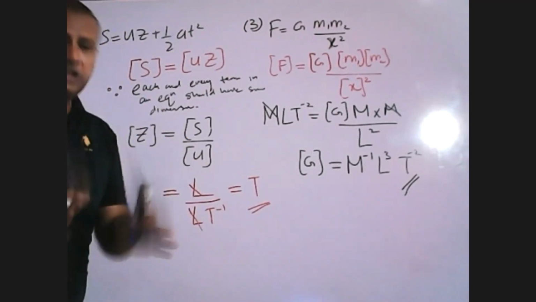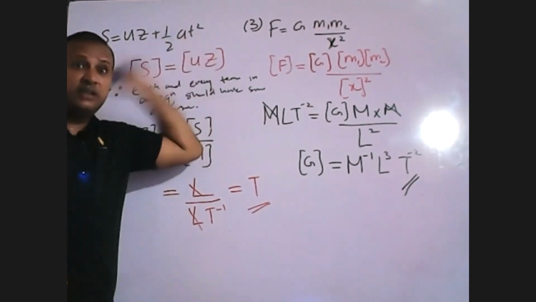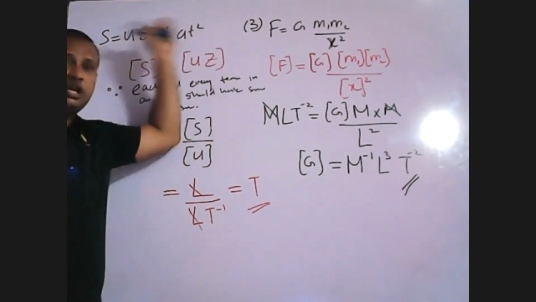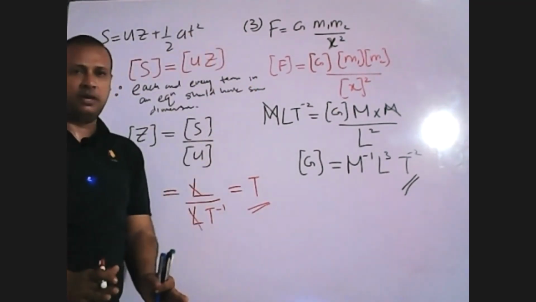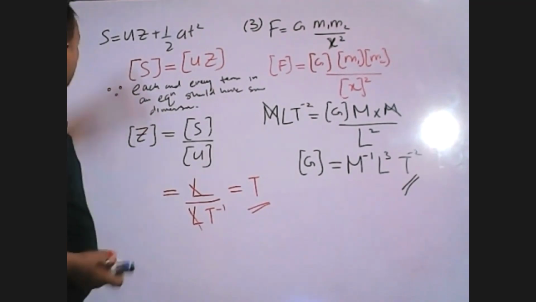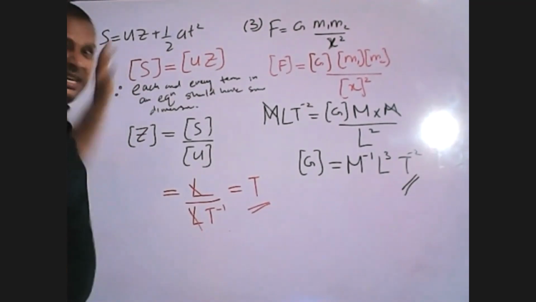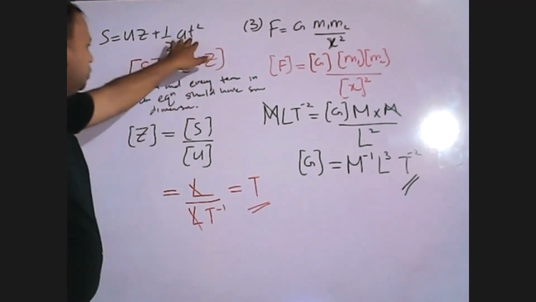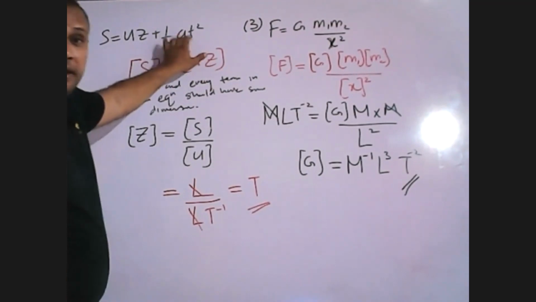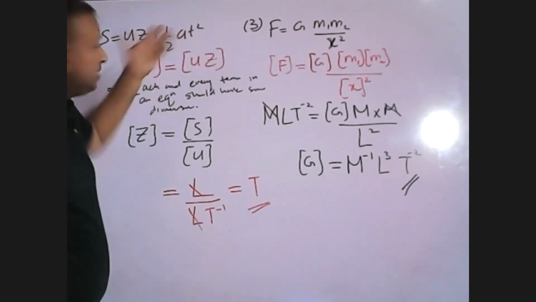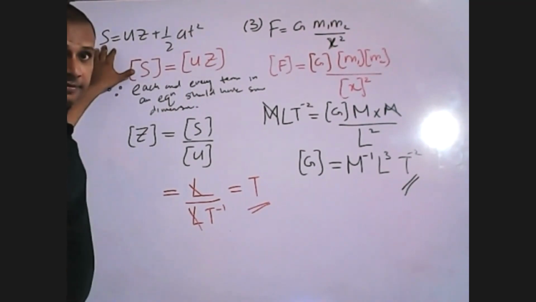Here, the logic is, if it is an equation, each and every term should have same dimension. Then take the easiest physical quantity. Here, you know half A T squared and each and every physical quantity, but it is not an easy one. This is the easiest physical quantity.